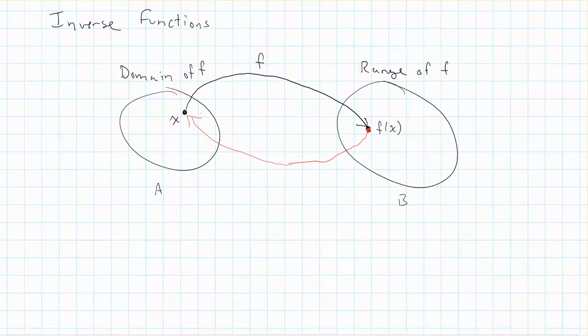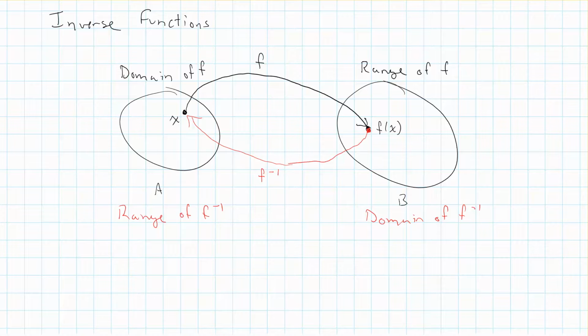So I want to get back here. The key thing here is we label this as f inverse. So this actually becomes the domain of f inverse, and this becomes the range of f inverse.